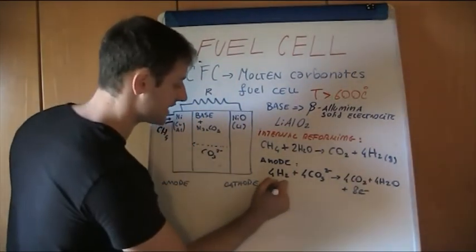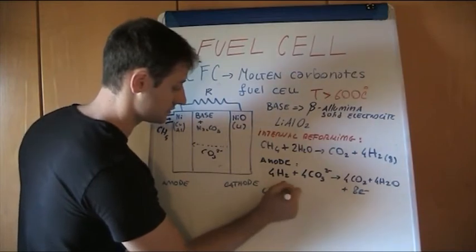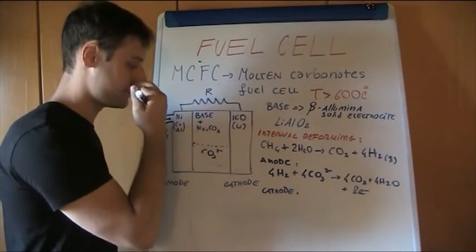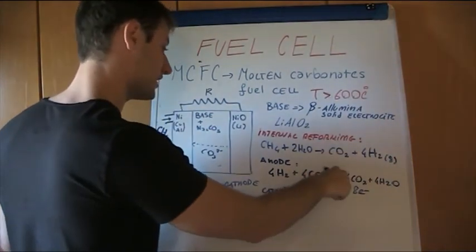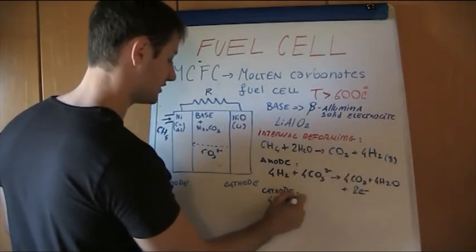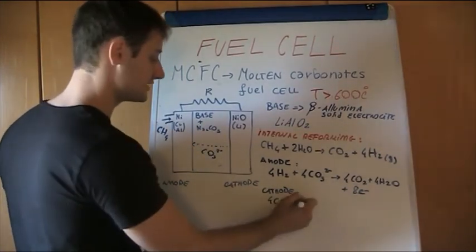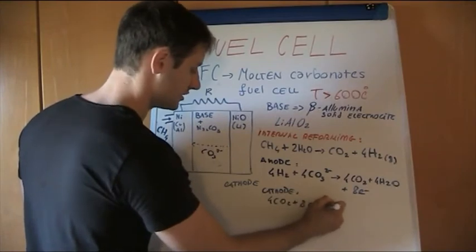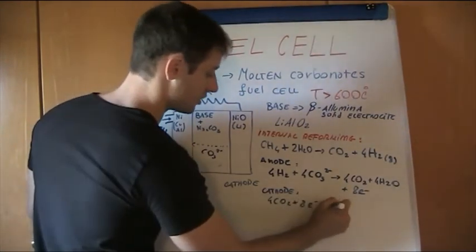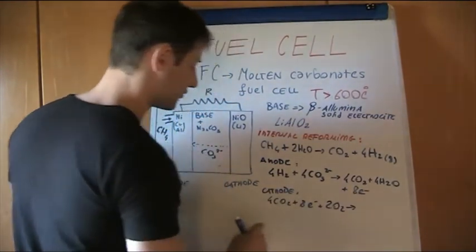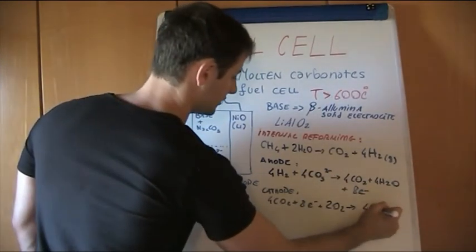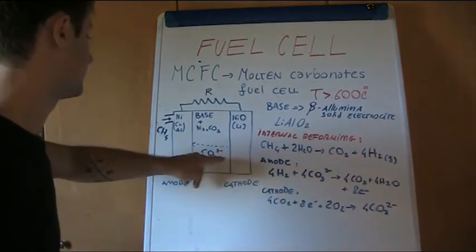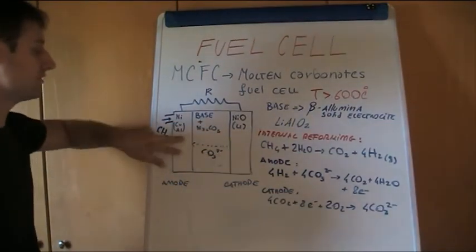And in the cathode side, on the other hand, this carbon dioxide is taken and it can react as always with these electrons together with oxygen, with the formation of these carbonates that can migrate inside the base electrolyte and reach the anode.